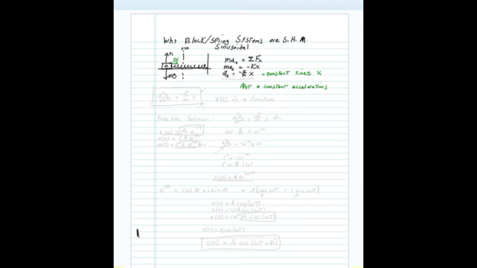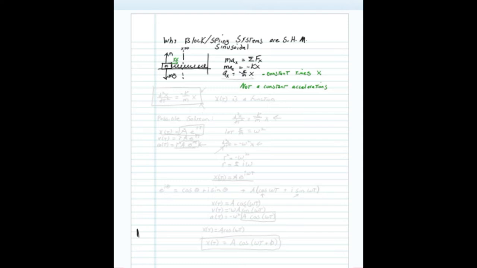Okay, so first thing to recognize is that x and a sub x are related to each other, right? x is the position of an object and a is its acceleration. Well, the acceleration is the second derivative of position with respect to time.